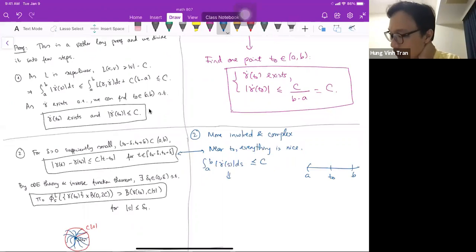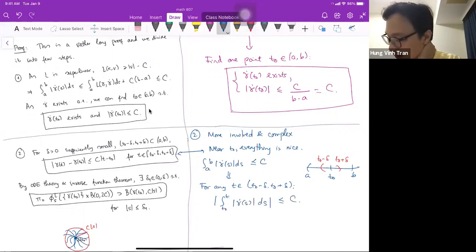If you take any small interval around it, just t naught minus delta to t naught plus delta, then for any t within that interval, you can imply that the absolute value of the integral from t naught to t of gamma dot s ds is less than or equal to c, right?